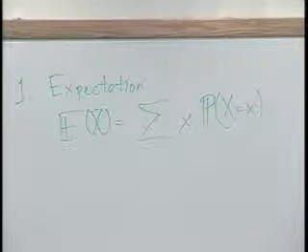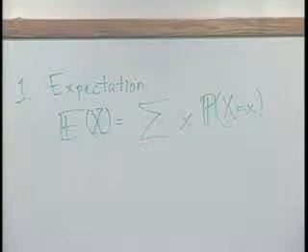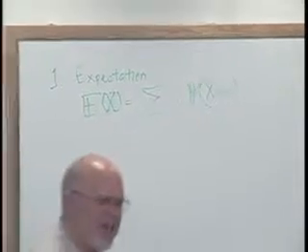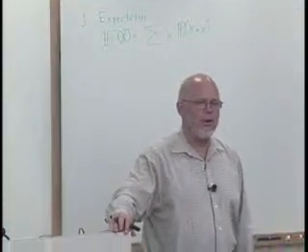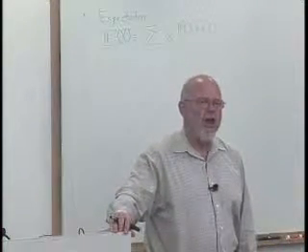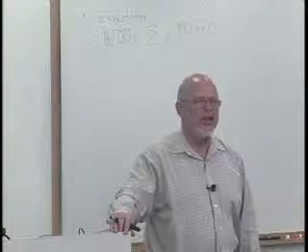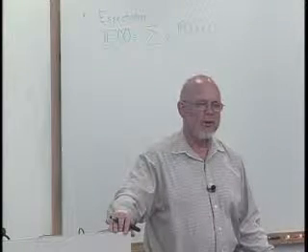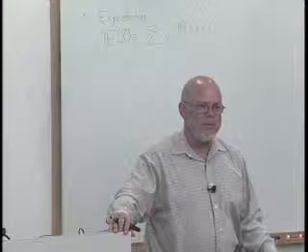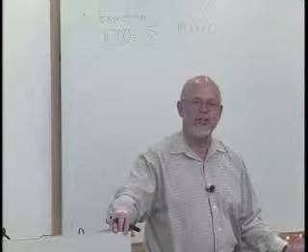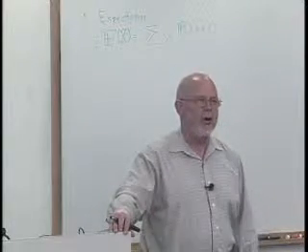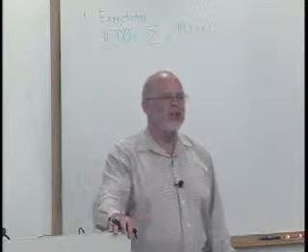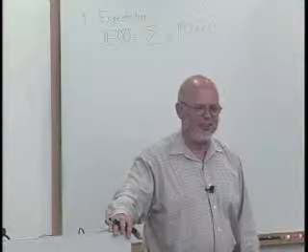And this is what you've been doing all your life under the guise of averaging. The only difference between expectation and average, in my opinion, is that average is the appropriate term when you're dealing with actual data. 40 people got 70% on the exam, 40 people got 90%, what was the average grade, as opposed to the probability that you will get 70 on the exam is 50%.